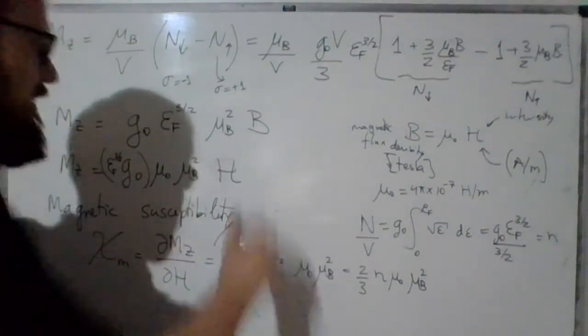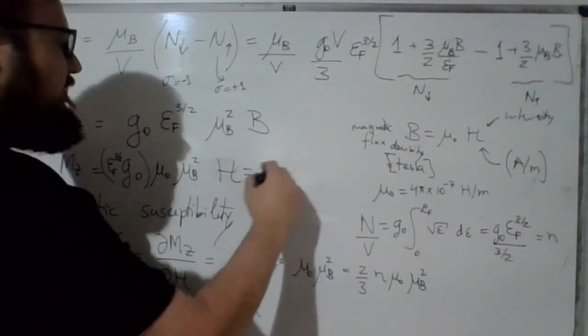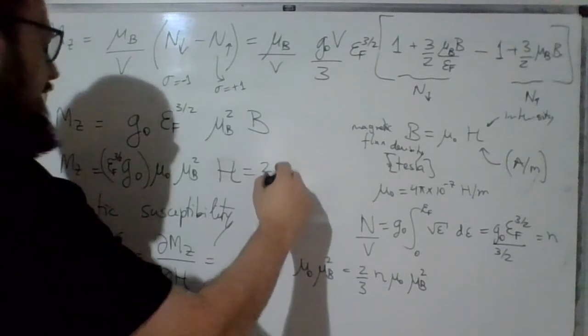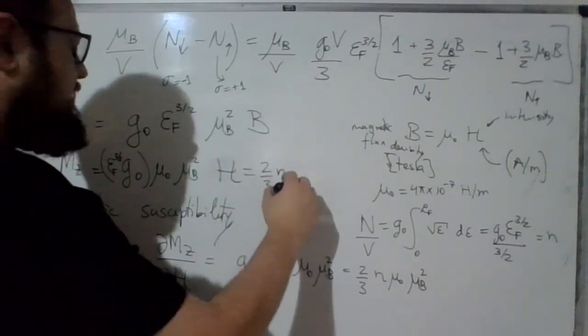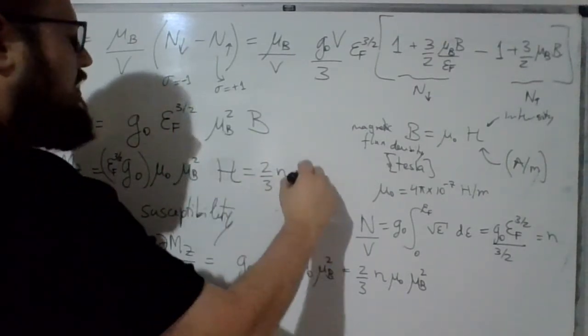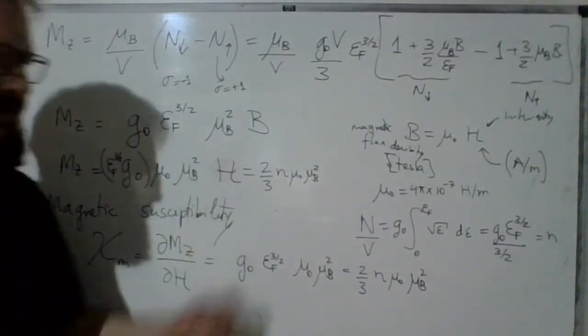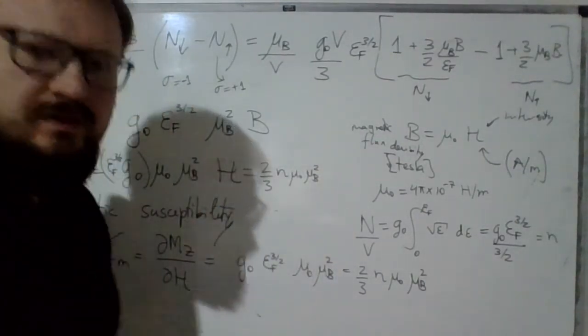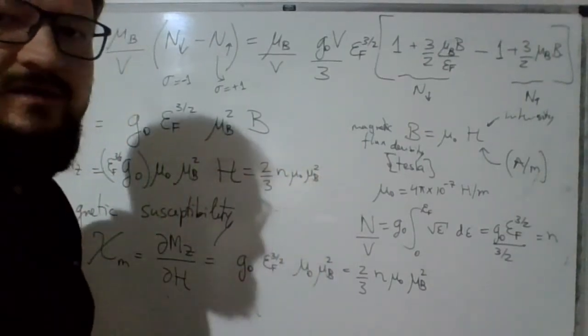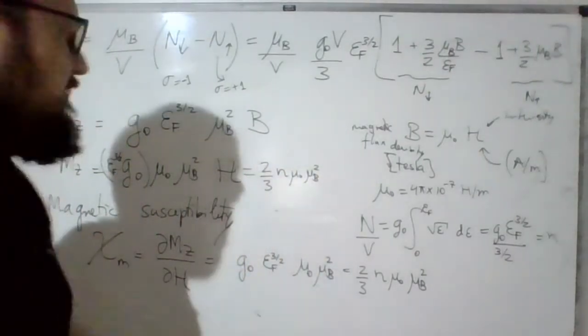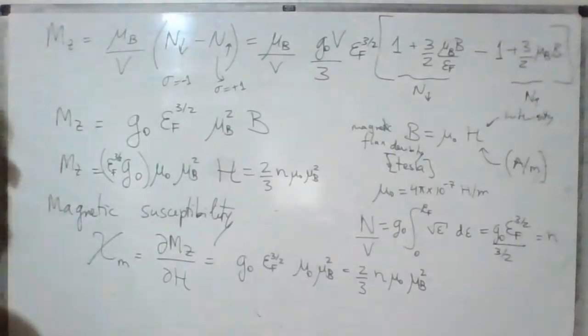So here also you would have 2/3 of the particle density times mu naught times Bohr magneton squared. Okay, so this is what you got from these calculations here, right?